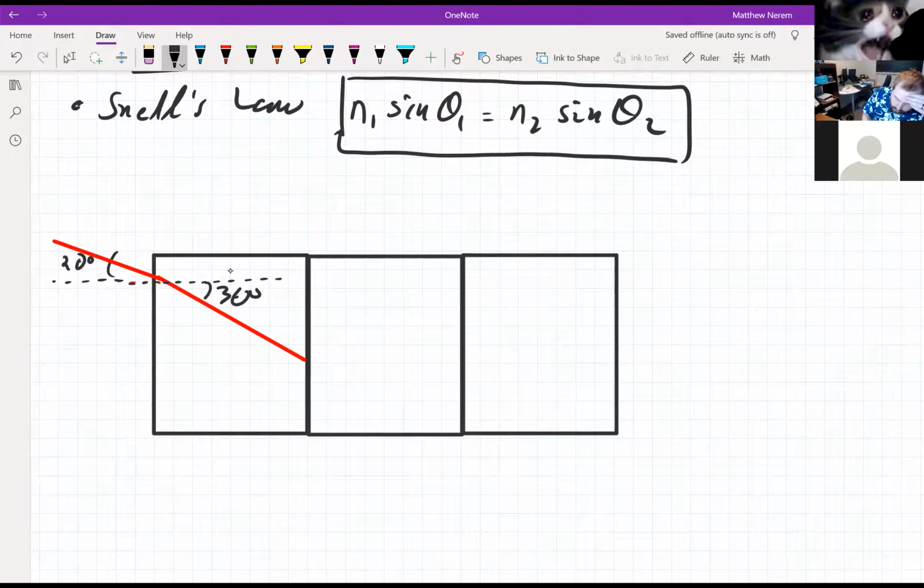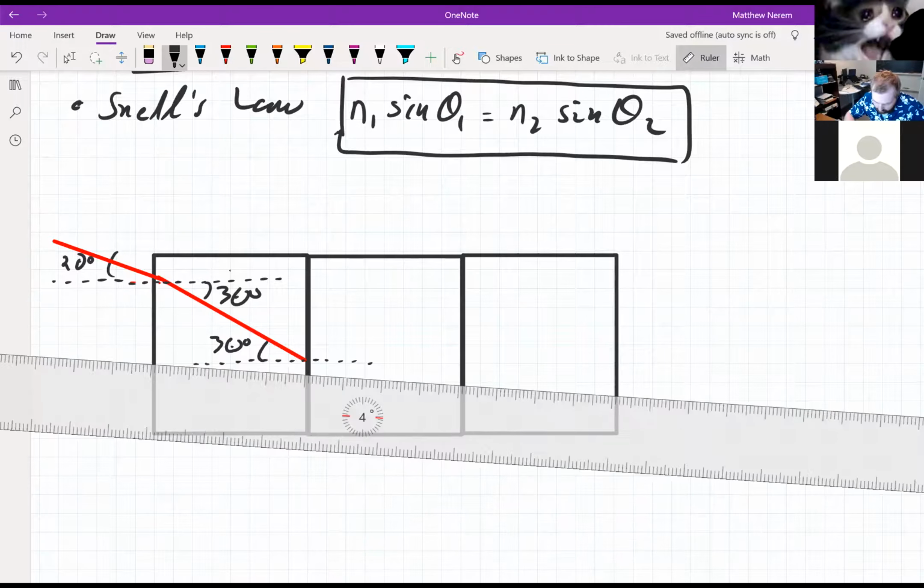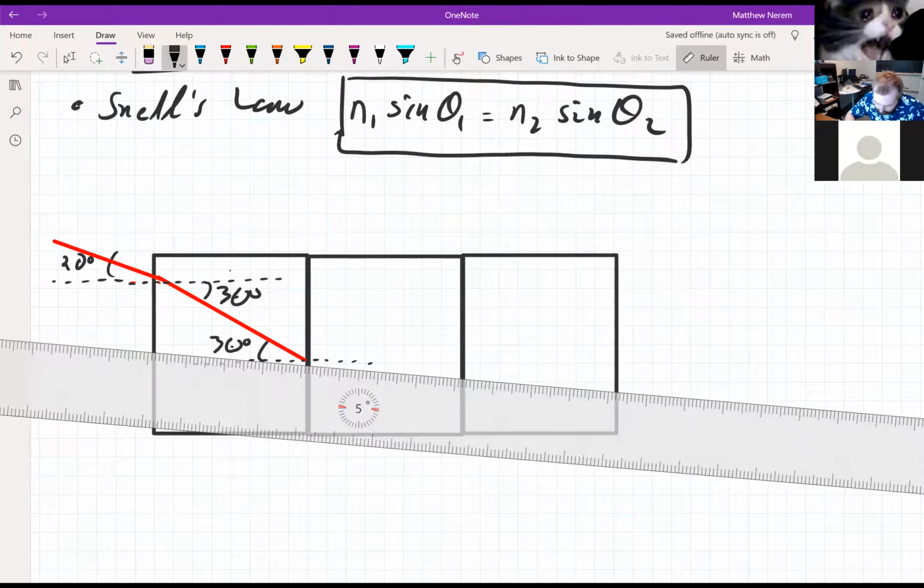We do some quick geometry arguments. That's also 30 degrees. Let's have it bend in. Let's have it go to like 5 degrees.